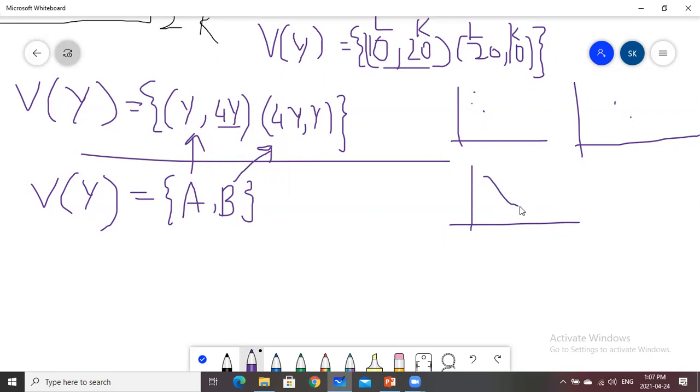It is assumed that the firm will either use technique A or technique B. Let me specify this also. On y-axis we have the output, and on x-axis we have x, that is inputs utilized.